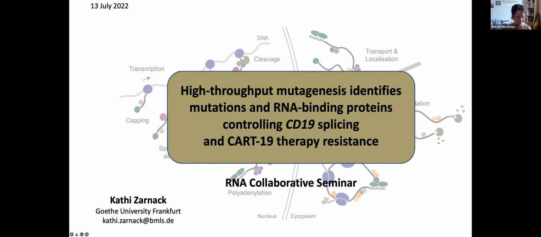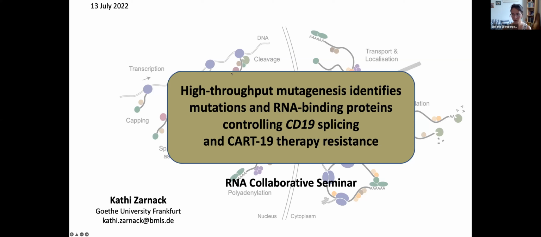Okay, then I think Julian stopped sharing, exactly. And it's now my pleasure to introduce the second speaker, Kathi Zarnack. She also did her PhD in Marburg in Germany, and followed with a postdoc in the group of Nicolas Le Novère at the European Bioinformatics Institute in Cambridge, UK.